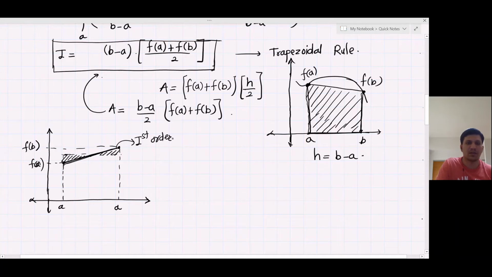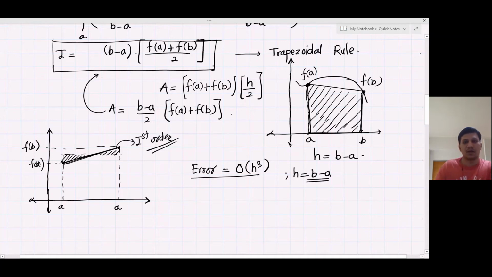If the curve is first order, then the error given by the trapezoidal rule is 0. If the curve is not first order, then our error is of order h cube, where h is the difference between the points, that is b minus a.